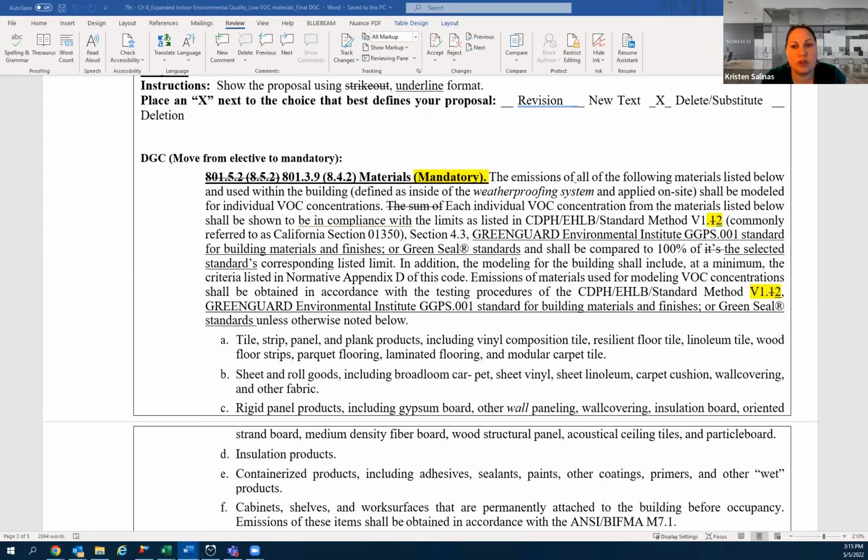So we put in other language here in terms of Green Guard to allow for additional standards that are related back to these materials, to give further options to look for Green Guard as well as the CDPH standard method. Okay, so this should be voted on now as a proposal to amend the current DGC for those minor modifications. Yes.